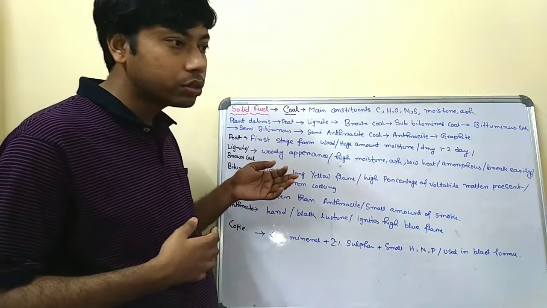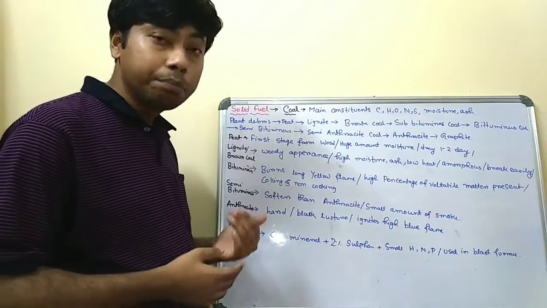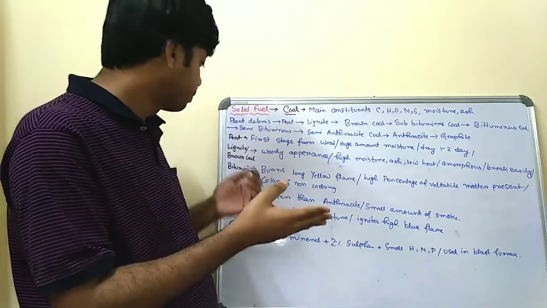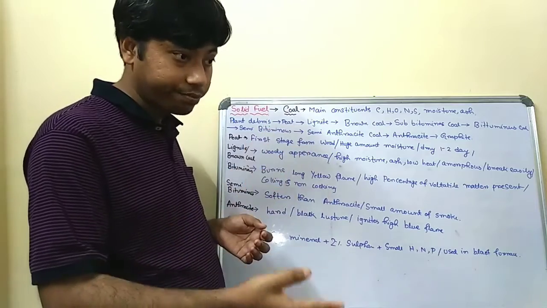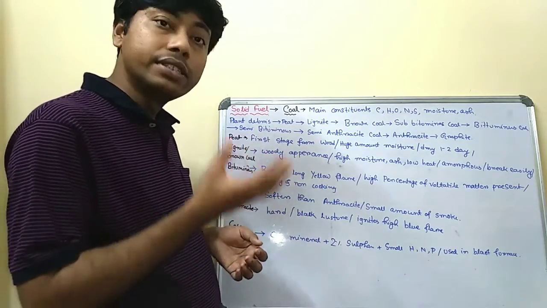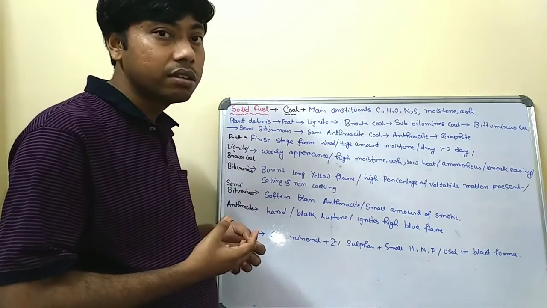This type of coal also has a high amount of moisture, but less than peat. As you progress from peat to lignite to bituminous to anthracite, the moisture is less and the quality is increased. Among them, the quality is very high in anthracite.